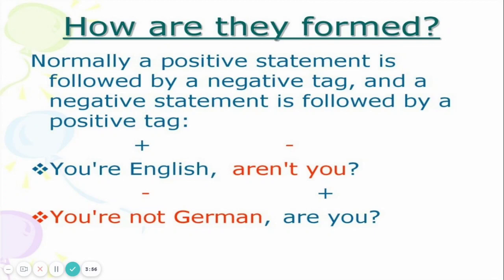In the second, they have started with a negative statement, which is followed by a positive tag. See the second point: "You are not German, are you?" Here "you are not German" is a negative statement, and the question tag "are you?" is a positive question tag.